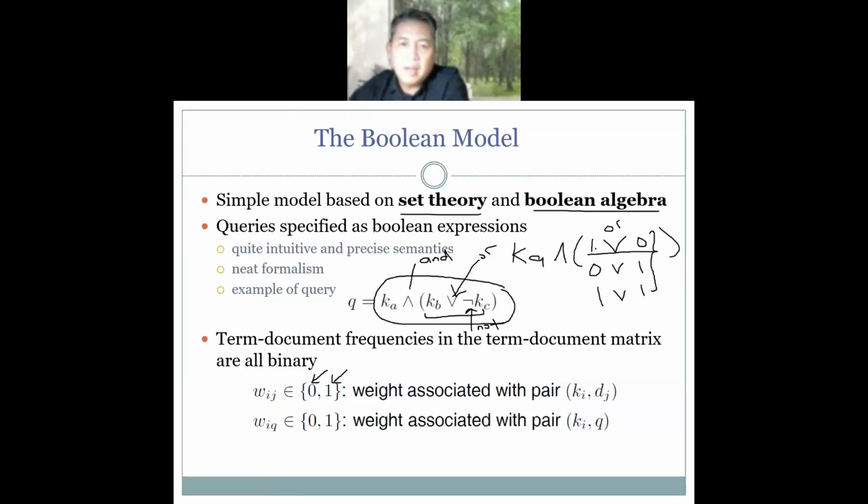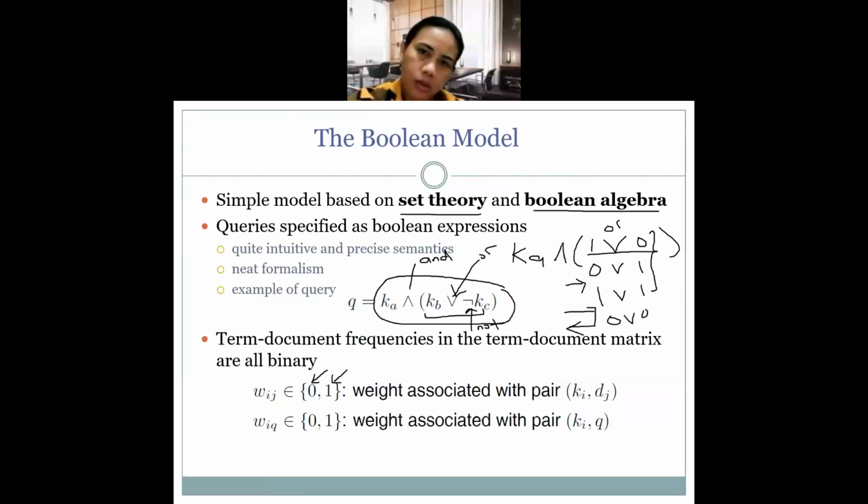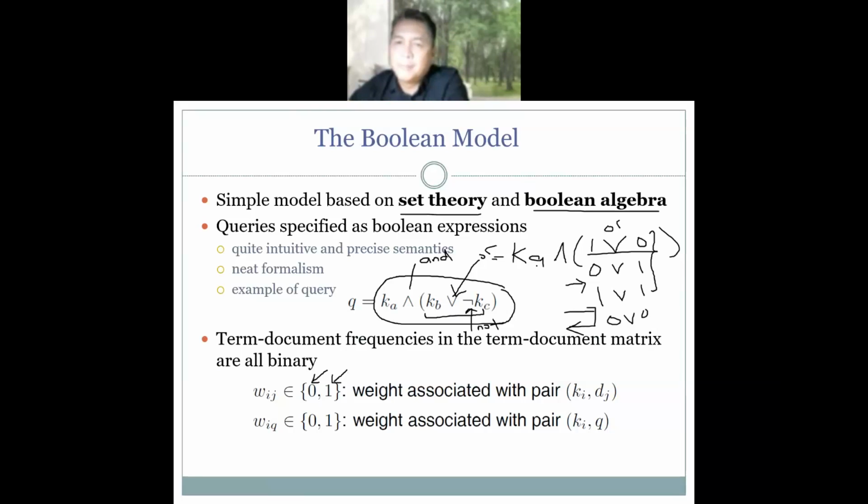So meaning that your query is you must have keyword A and either one of these. So you could have keyword B, or keyword C, or both. But you cannot have 0 and 0 because this expression will become 0, and when you combine with this, 1 and 0, you get 0.